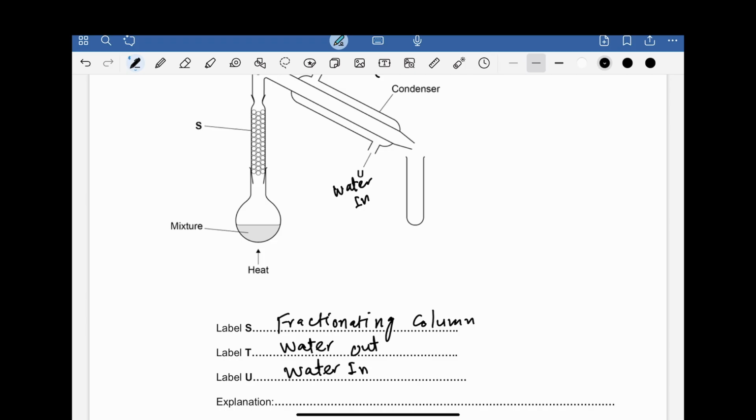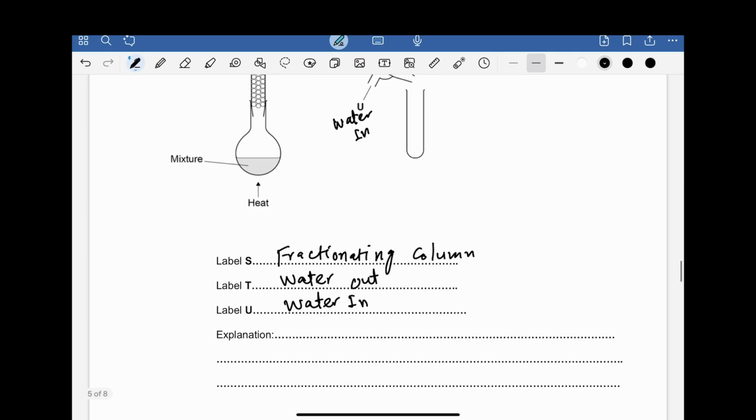And the explanation why we prefer fractional distillation: we use fractional distillation when the boiling points of two liquids are very close together. So liquid K and M are likely to have similar boiling points.